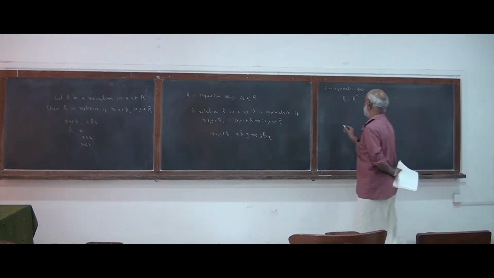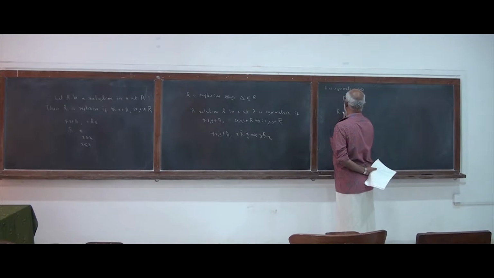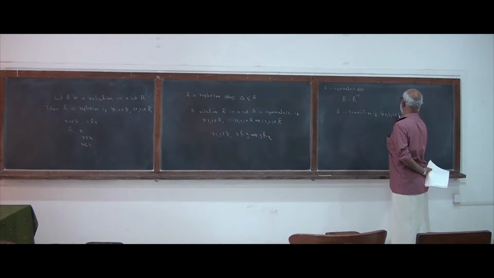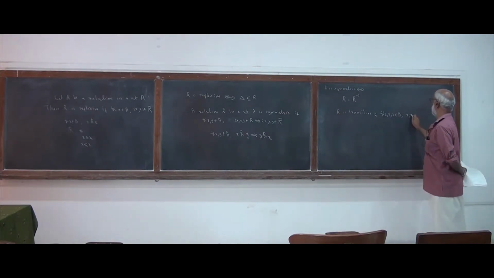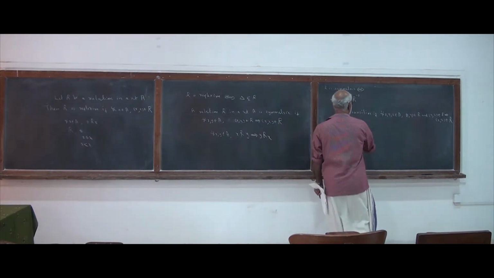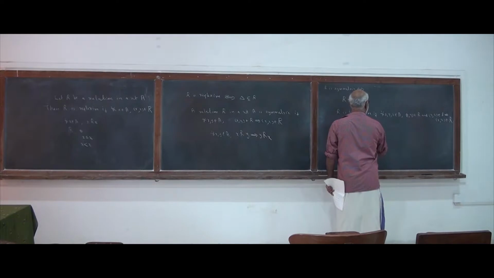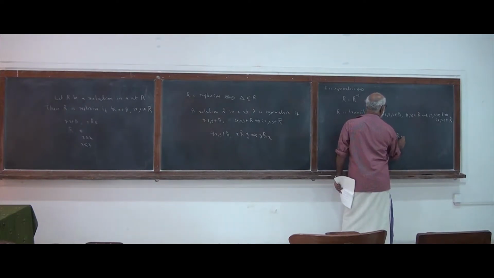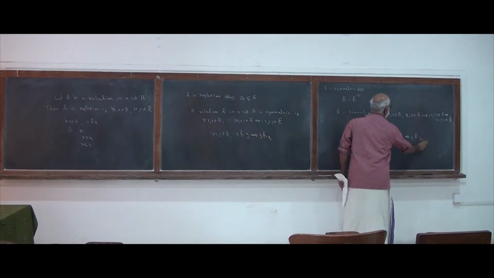Another property is transitivity. A relation R is transitive if for every x, y, z in A, (x, y) in R and (y, z) in R implies (x, z) in R. Or for every x, y, z in A, x related to y and y related to z implies x related to z.